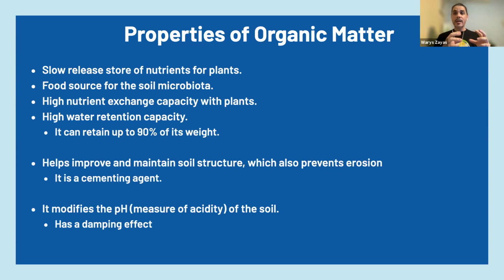So if we have a huge event of water, the water can infiltrate through those macropores in the soil, but as well, inside those aggregates we will find micropores, and the micropores will retain and store water in the right way in the soil, and that water will be available for the plants when needed, especially during drought seasons, right? So that's one of the good qualities of applying organic matter to the soil.